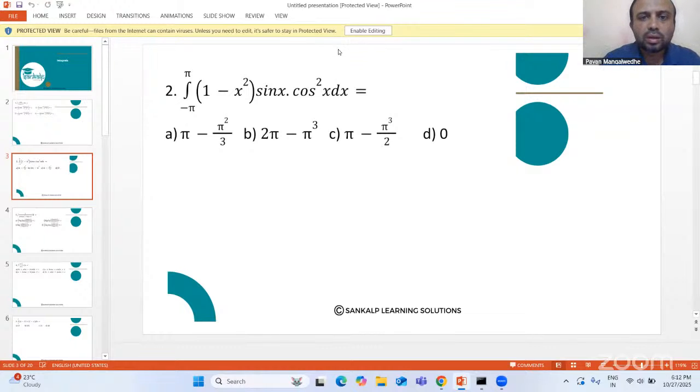I'll give 30 seconds for you. Afterwards, we'll solve. Just analyze the question. Your main thing to analyze is that it is clearly given that the limit of integration is minus pi to pi.